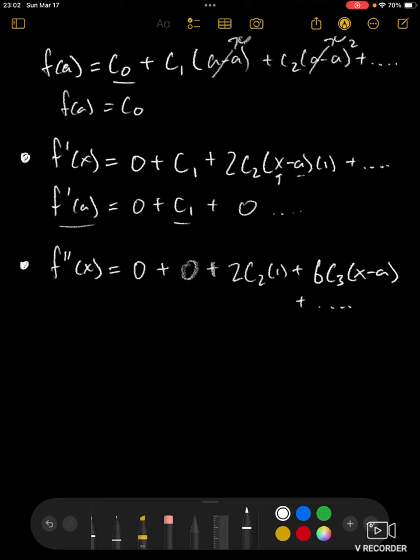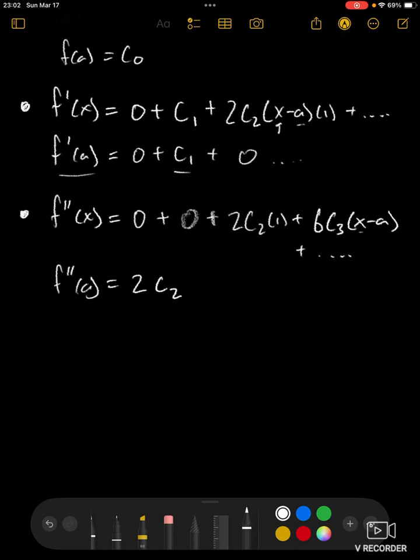Well, now, of course, we want to take the second derivative at a, as you already know, and we are going to look at what that is going to be when we plug in a. Well, right here, we know that that's going to be equal to 0, so this is going to be equal to 2 times c2. So there's a pattern going on here.